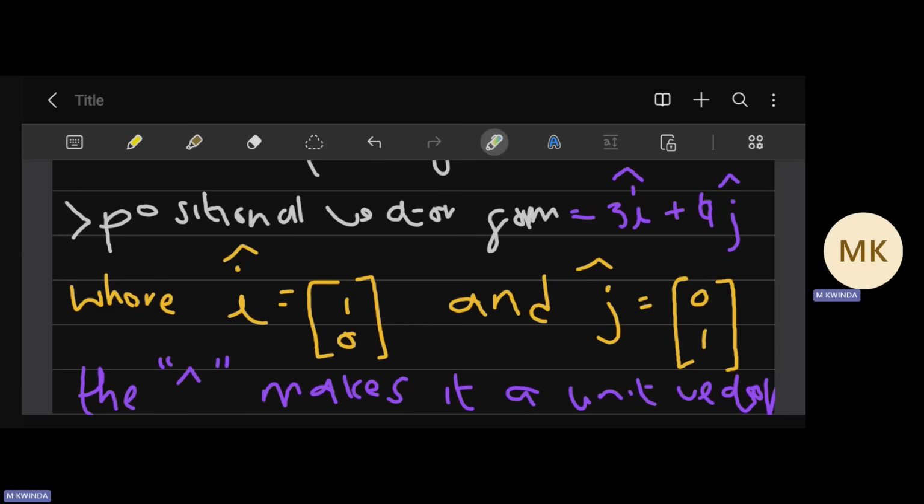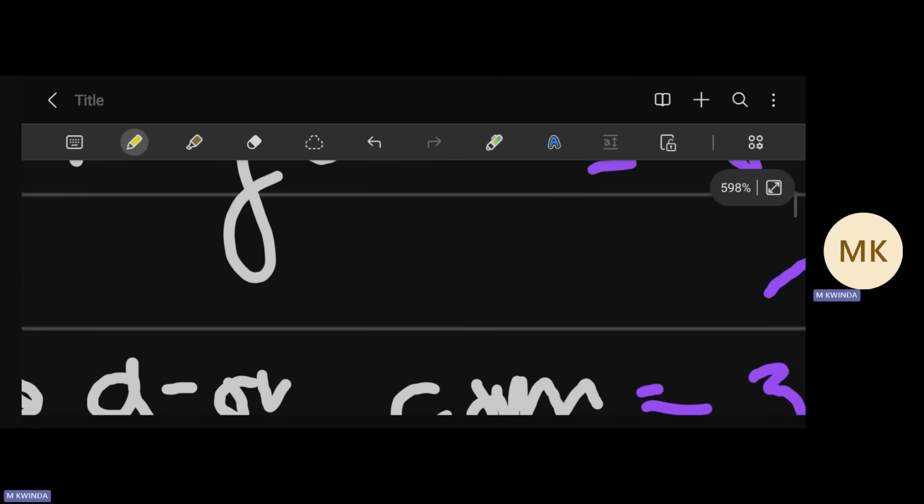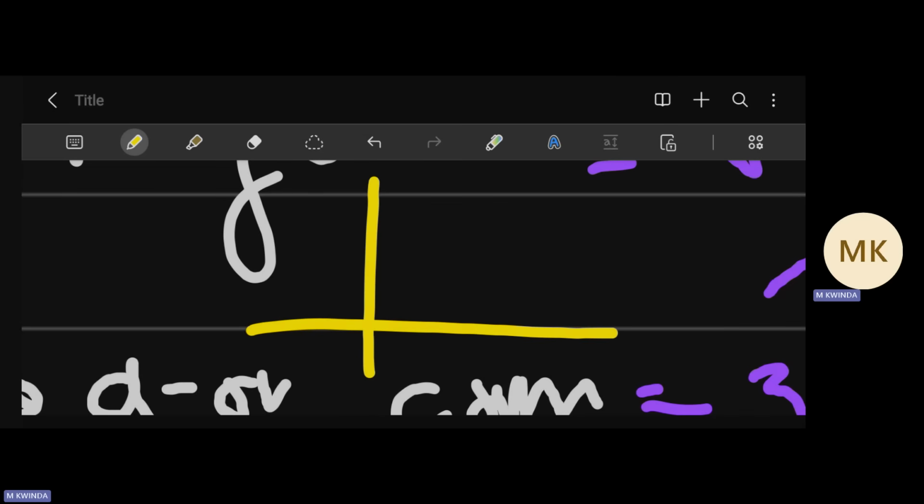Positional vectors, you have to understand, are more like your X and Y intersect. You're starting from the origin. So if you think of what j makes, let me try to draw it here. You have this Cartesian plane, and it's saying that j is the same as 0 is to 1, which means X is 0 and Y is 1, so you have it somewhere here.